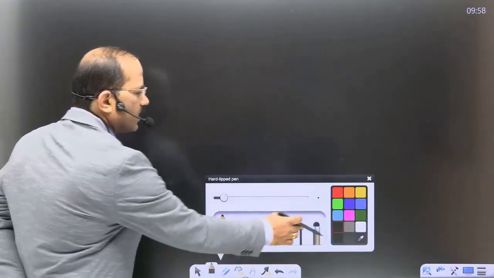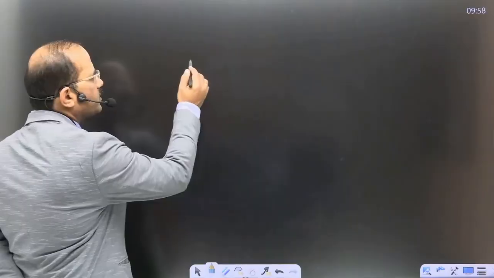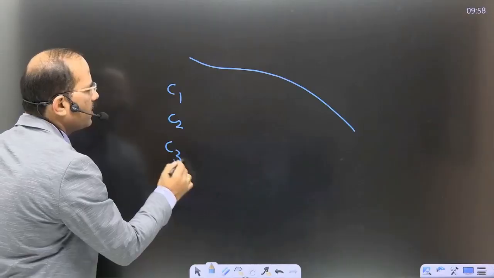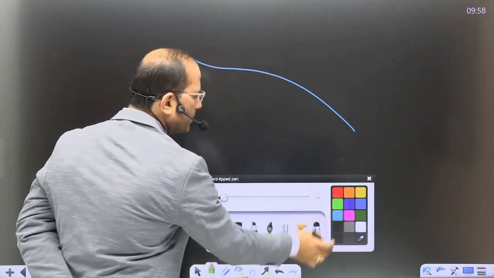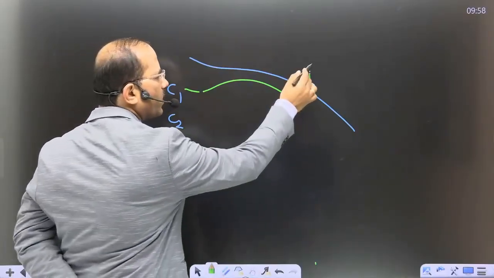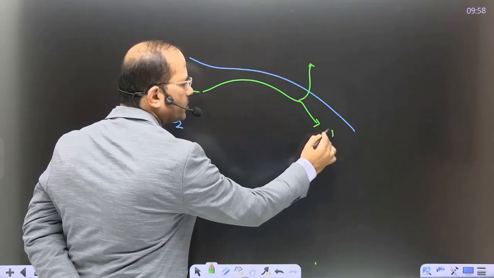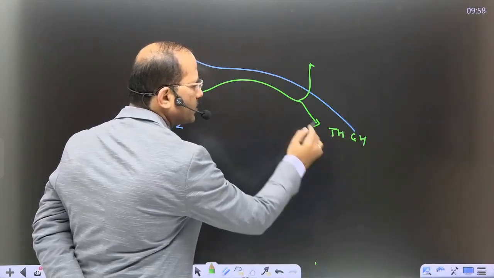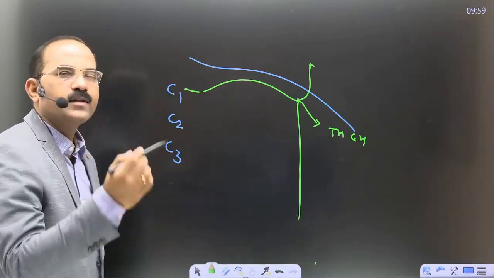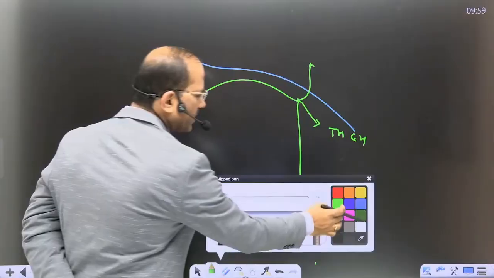Once again, I'll just draw this for you. Look, fibers of C1. So this is the hypoglossal nerve here. This is C1, C2, C3. Fibers of C1, they accompany the hypoglossal nerve. After a short distance, they leave the nerve as number one is the meningeal branch. Number two is nerve to thyrohyoid and geniohyoid. And number three is the descending hypoglossi or the superior root of ansa cervicalis.